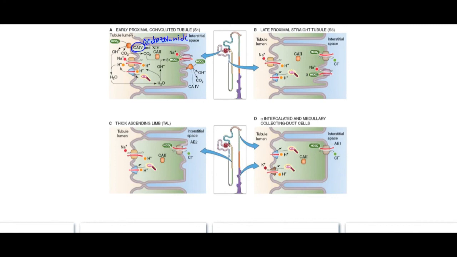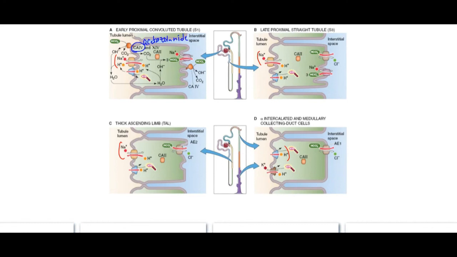So the part that I want to point out specifically for our proton movement is that we have sodium proton, sodium proton, sodium proton in the early parts, and then we have the proton pump. So our sodium proton exchanger goes all the way through the thick ascending limb.